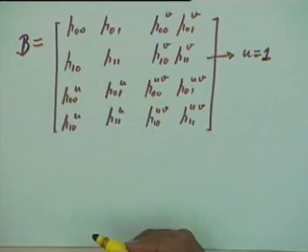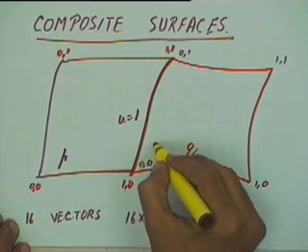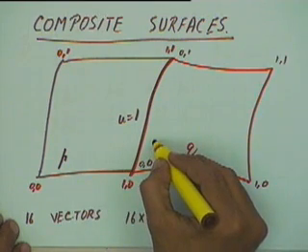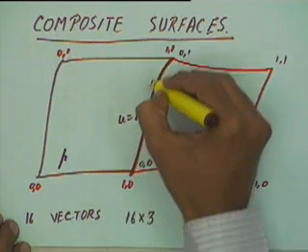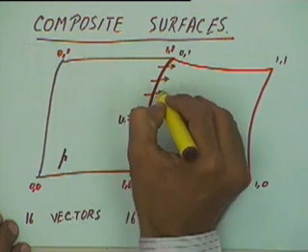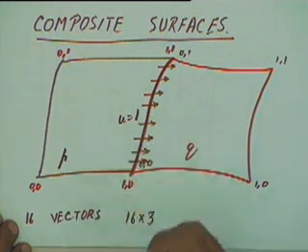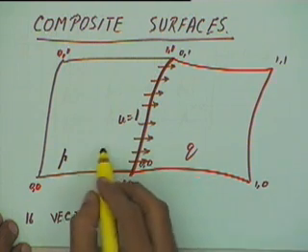Similarly, if I want to ensure a C1 continuity, then along this edge, the tangent vector in this direction should be proportional for both the surfaces.